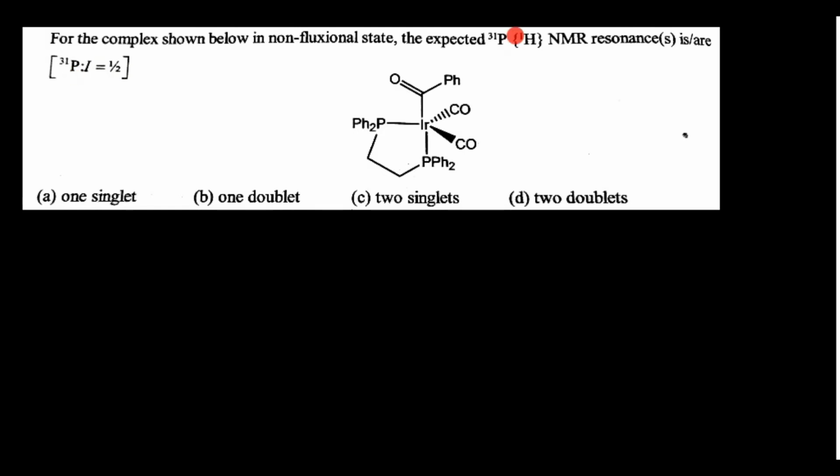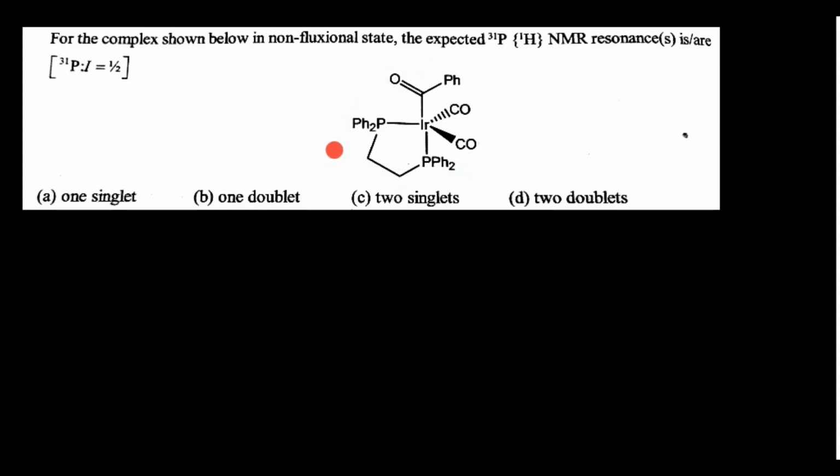And I already told you, whenever you find this small bracket and inside it certain nuclei, that means this nuclei is decoupled. That means this proton will not affect the spectrum of the phosphorus. And more importantly, this is non-fluxional state. That means this molecule is quite rigid, and whatever the stereochemistry is, it will be fixed, right?